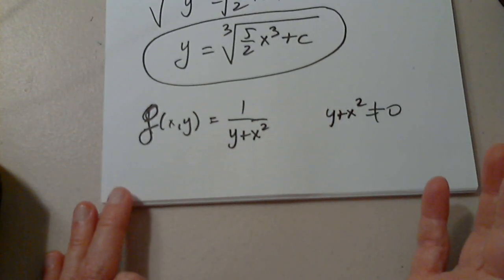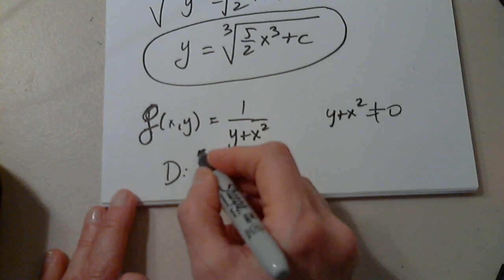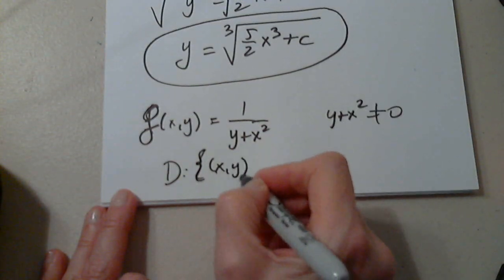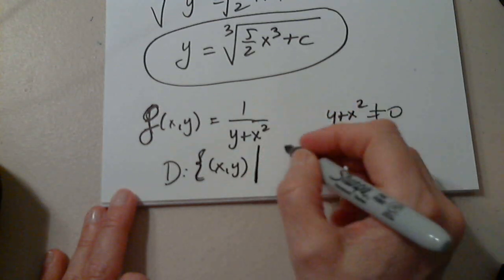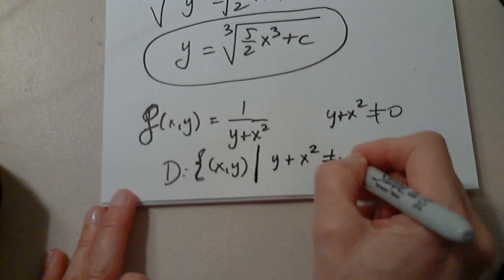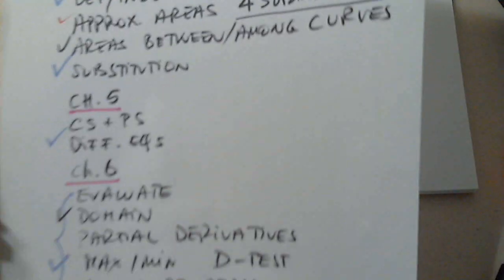There's nothing else. So I write the domain for this function is any ordered pair such that y plus x squared is never 0. That's it. Thank you. Good. Other questions?